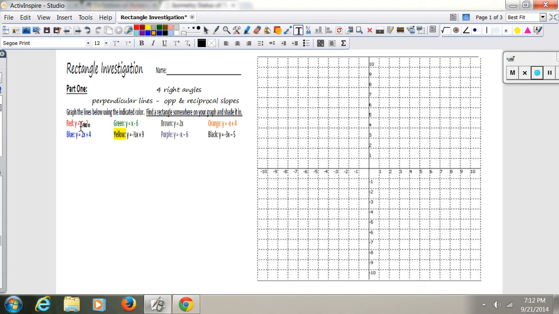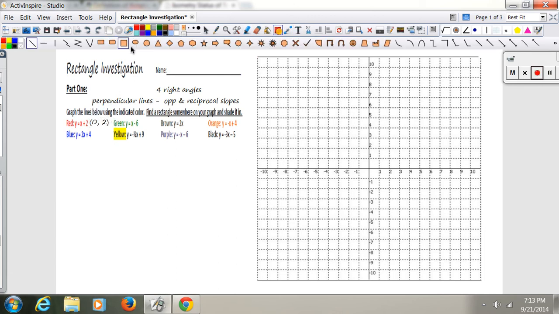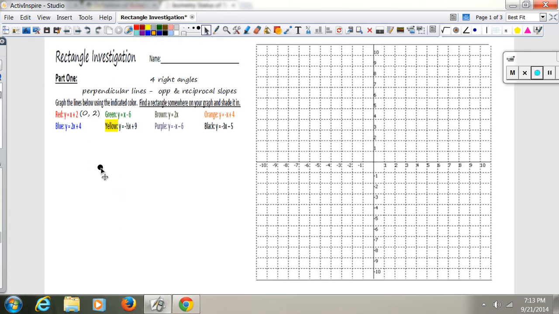Okay, in red, we're going to graph the line y equals x plus 2. In this case, the last number is a plus 2. That's a free point of 0, 2. That's where we're going to start, because that's the y-intercept. So at the 0, 2 point, we're going to make a dot.